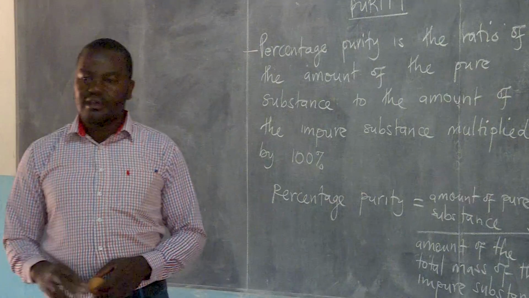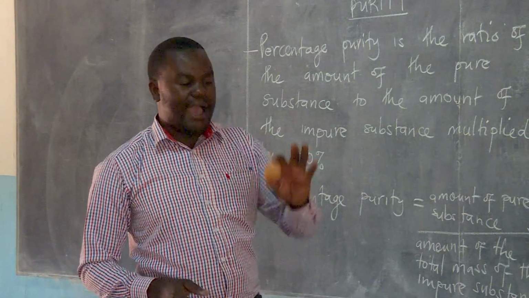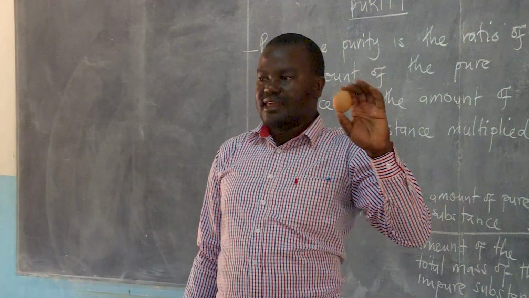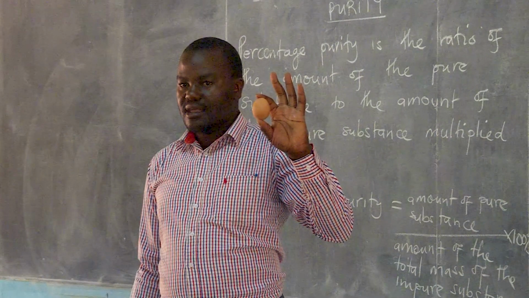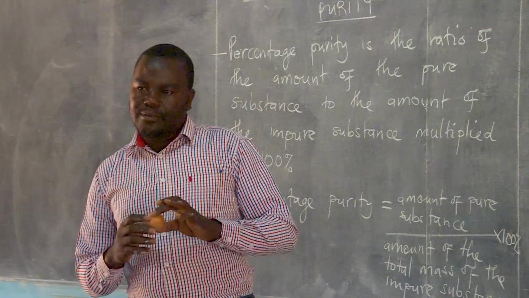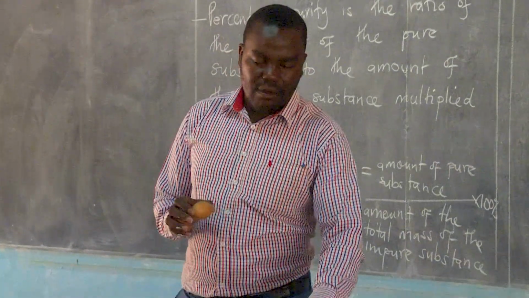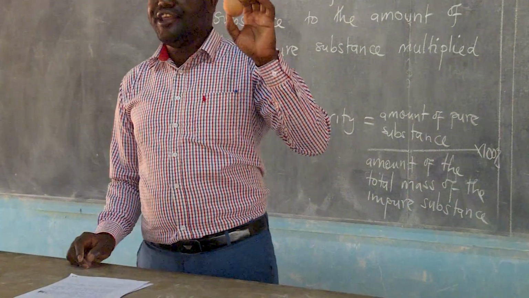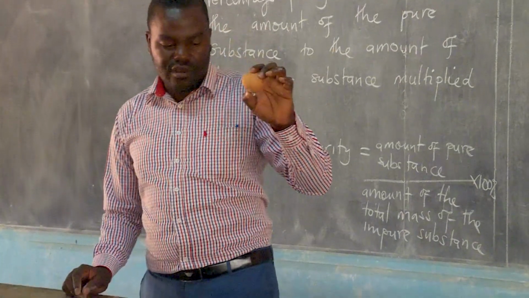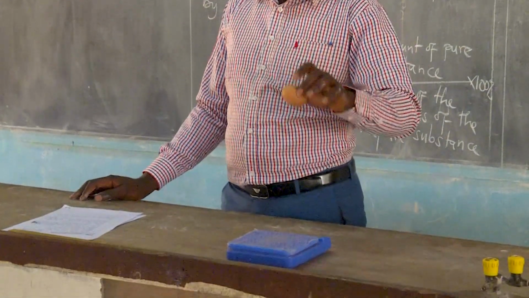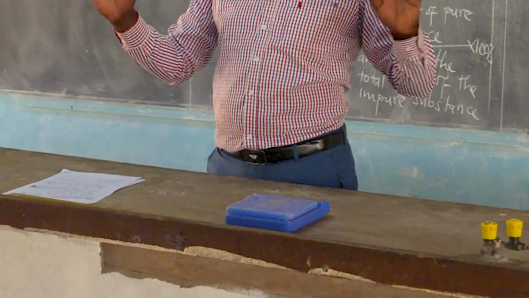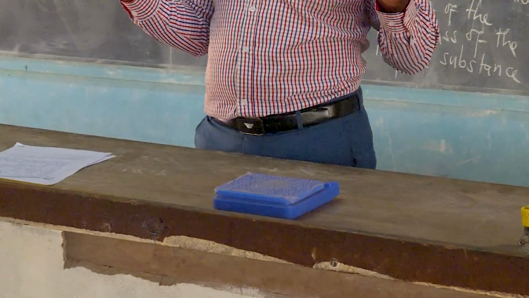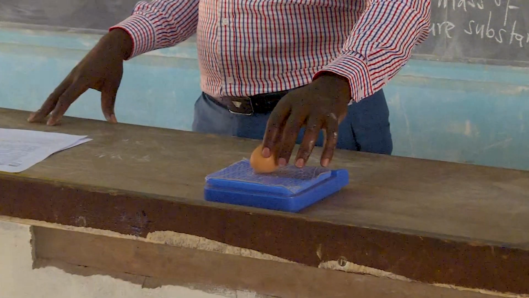Now, to find the percentage purity of this egg, the first thing I'm supposed to do is measure its mass. I'm measuring its mass together with the shells, because we've said the shells are acting as the impurities.